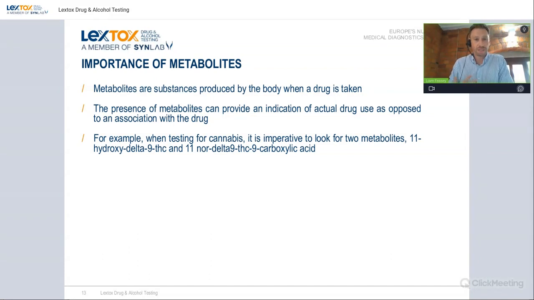When the body is breaking down that drug to eliminate it from the body, it produces other substances, and these substances are called metabolites. The presence of a metabolite confirms actual use of the drug, and we use that in our interpretation. When we do a test, you don't actually have to ask for the presence of the metabolites. We automatically look for that and include it within the analysis that we do.